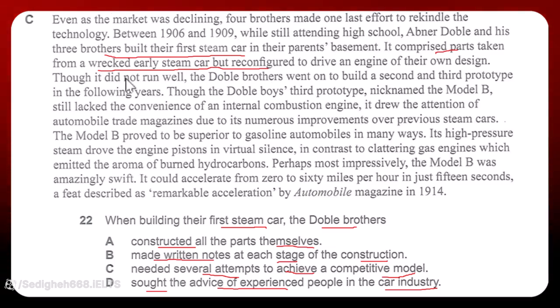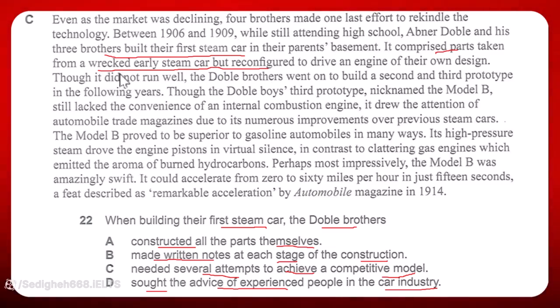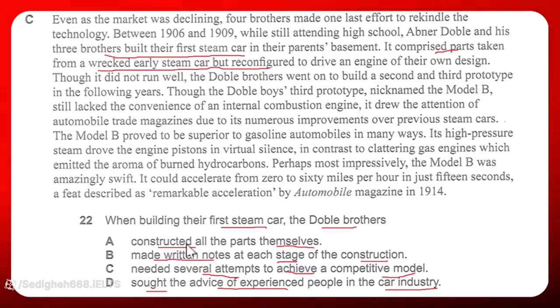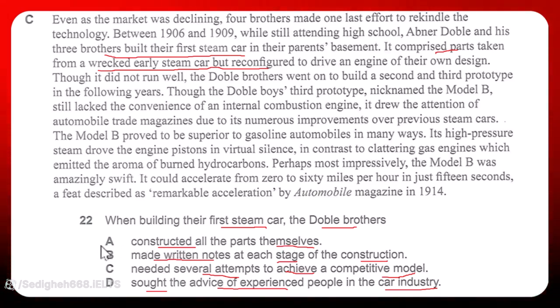So it was from a wrecked early steam car, but for this option we have constructed all the parts themselves. Option A cannot be the right answer because it says they constructed all the parts themselves, while we can see according to the text that it is from a wrecked early steam car.